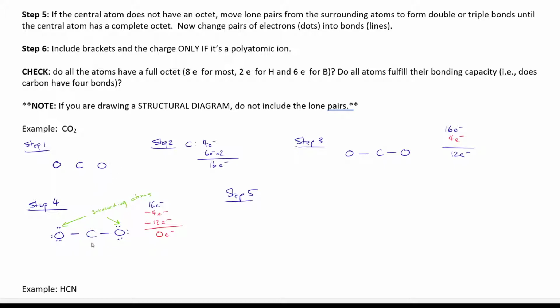This central atom here only has 2, 4 electrons. So what needs to happen in this molecule is we have the oxygen here with its 6 electrons, bonded to carbon, bonded to oxygen.